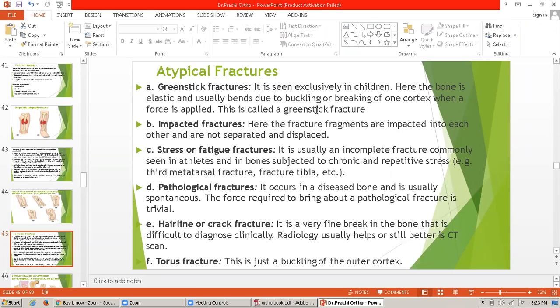So remember, greenstick fracture is very important from the exam point of view and also important clinically. It is mostly seen in children, and the bone is elastic and usually bent due to buckling or breaking of the cortex when the force is applied. So it is called a greenstick fracture.